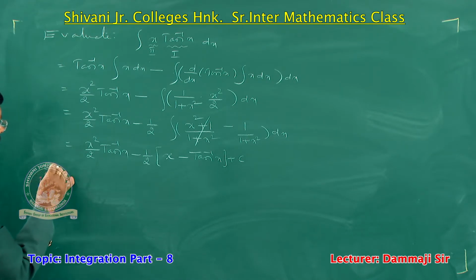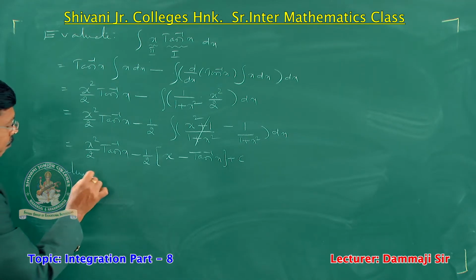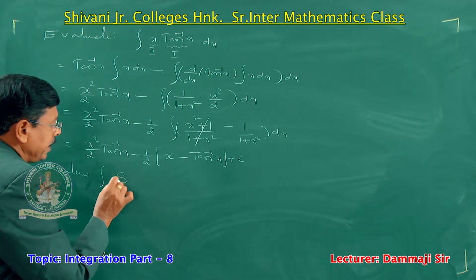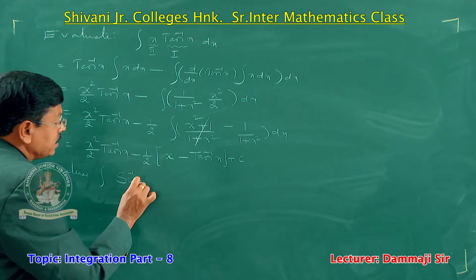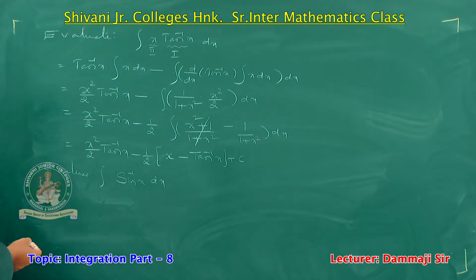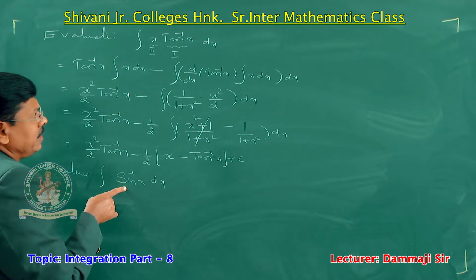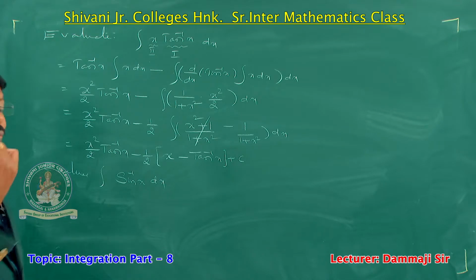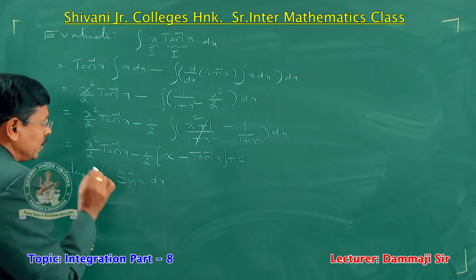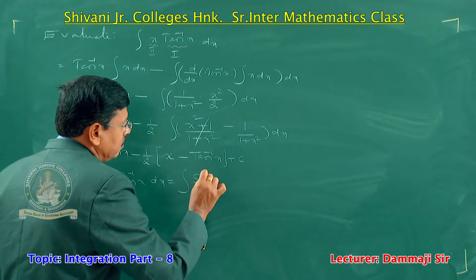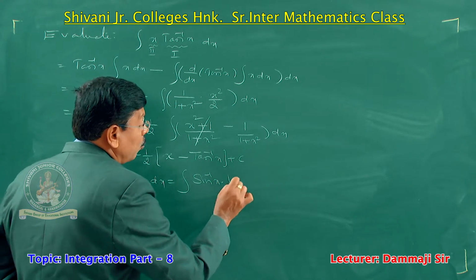One more problem we can observe: the integral of sine inverse x. Only a single function is given, so to use the product rule we assume one more function: sine inverse x into 1 dx.